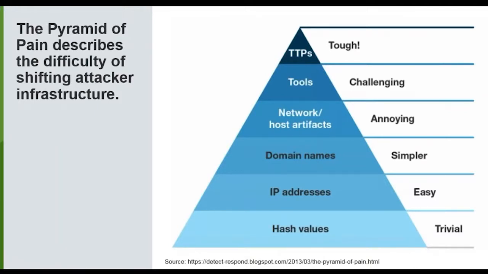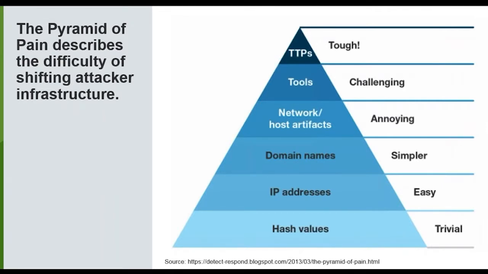Now, David Bianco developed the pyramid of pain. And this was initially just used to describe the difficulty or pain that you would cause an attacker by denying them of these types of indicators. But let's reframe this for a second and think of it in terms of how aggravating it is or how expensive it is to go and shift this infrastructure.